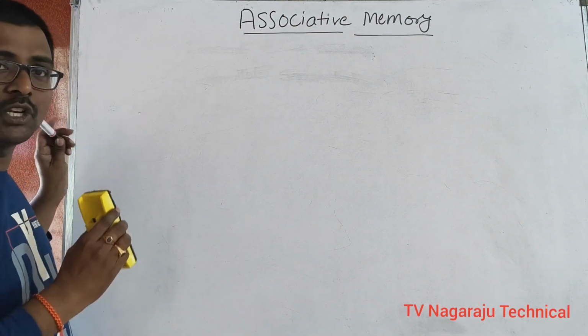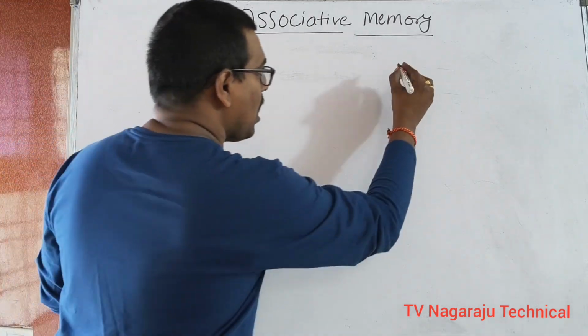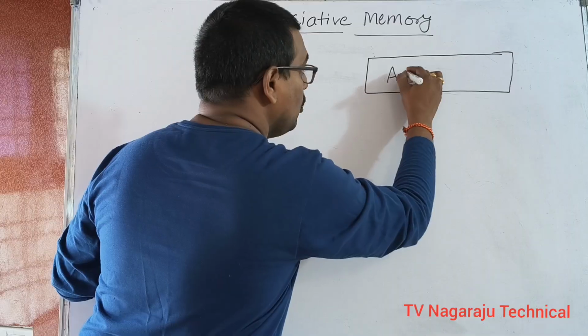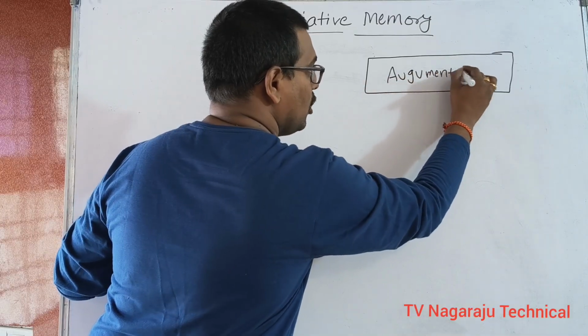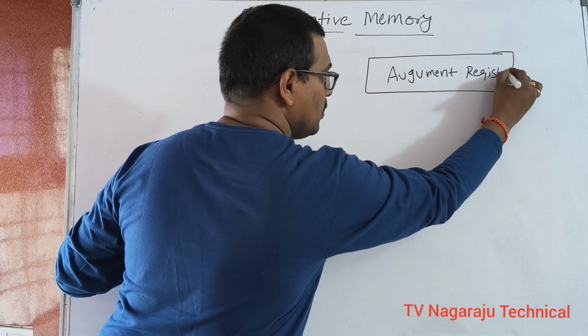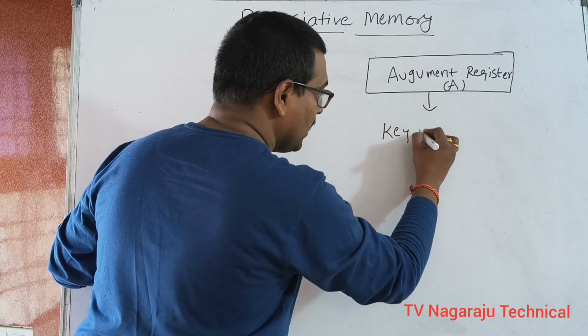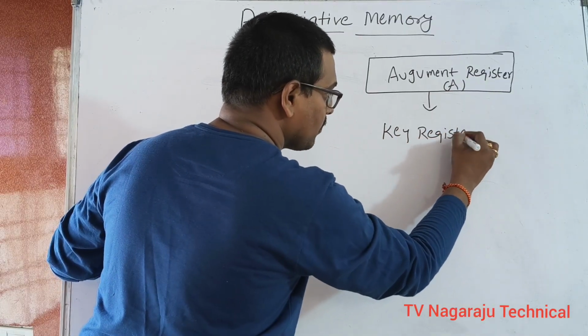How is the operation performed? We will move to the hardware implementation. The first one is the argument register. Assume the name of the argument register is A, followed by the key register.